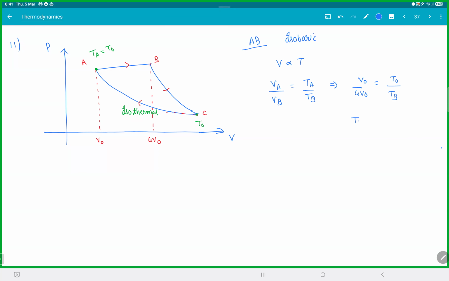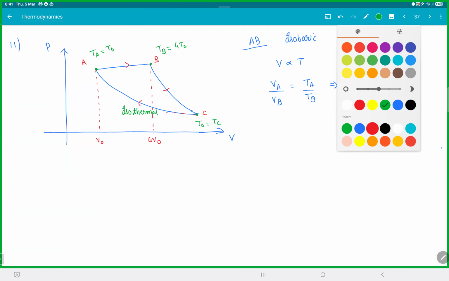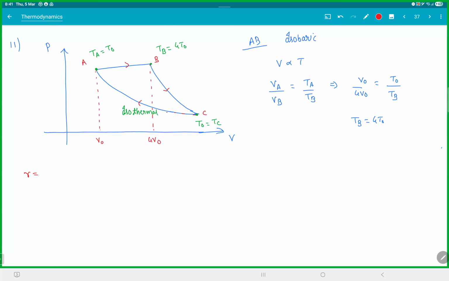So temperature at B will be 4 T naught. Perfect, I got all the temperatures. It is also given gamma is equal to 1.5, that is 1 plus 2 by f. This gives you f is equal to 4. This must be some kind of a monatomic and diatomic mixture, that's why you're getting 4.